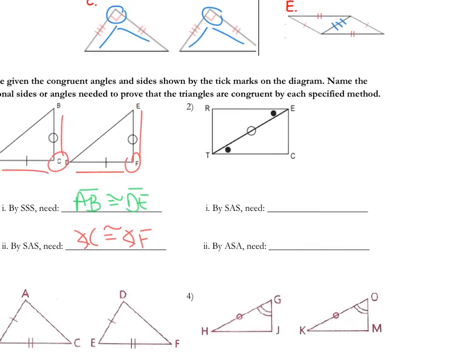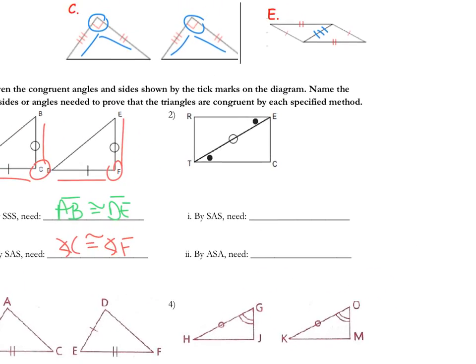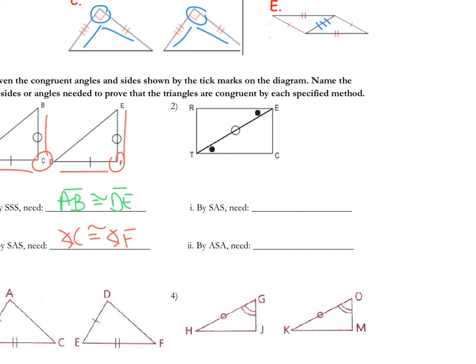So we want side, angle, side, and then ASA. So let's start with side, angle, side. So we know that this is congruent to itself. I have that these angles are congruent. So if I want side, angle, side, I need the side that includes the angle. So these two sides. So RE is congruent to CT. Remember that order matters.